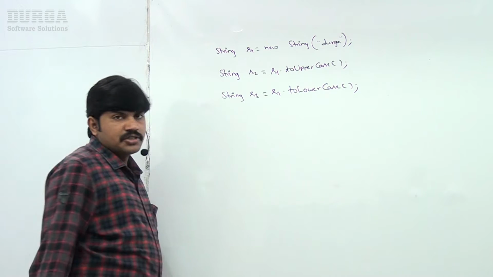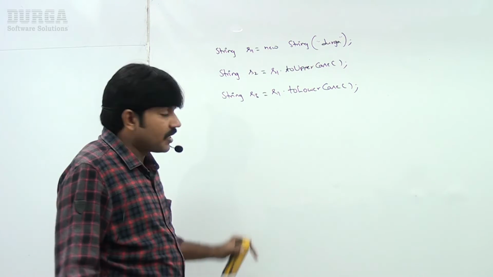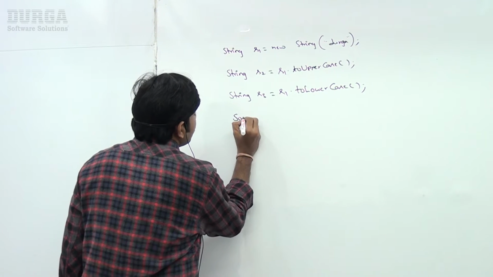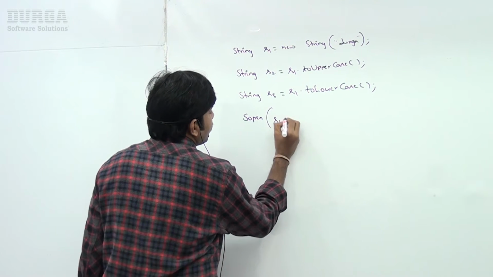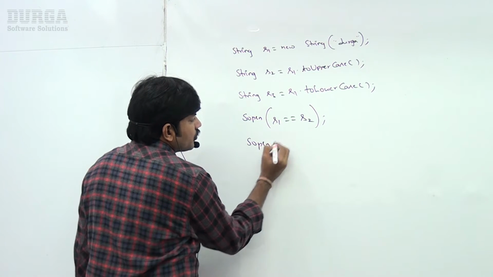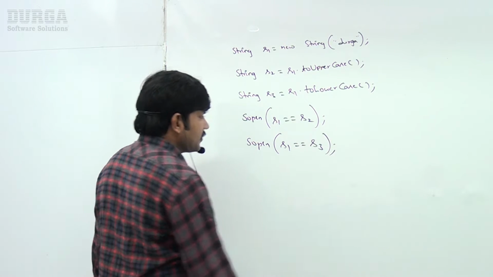I am taking String s1 = new String("Durga"), String s2 = s1.toUpperCase(), String s3 = s1.toLowerCase(), System.out.println(s1 == s2), System.out.println(s1 == s3).